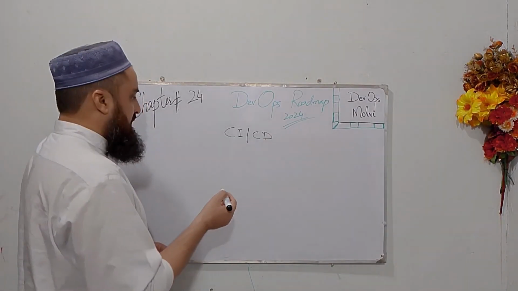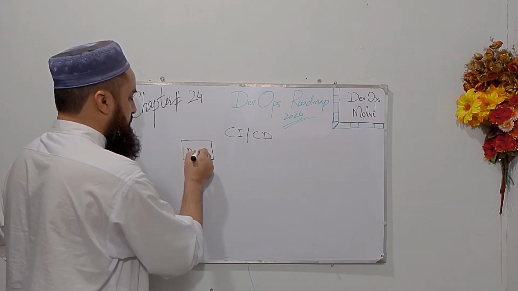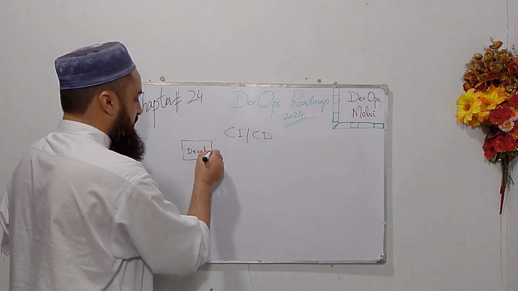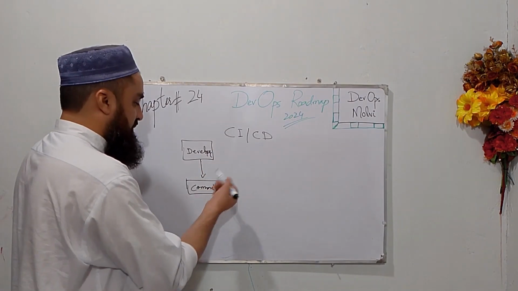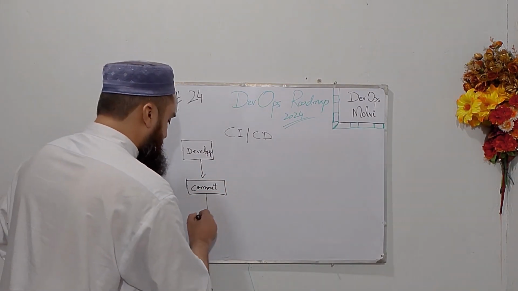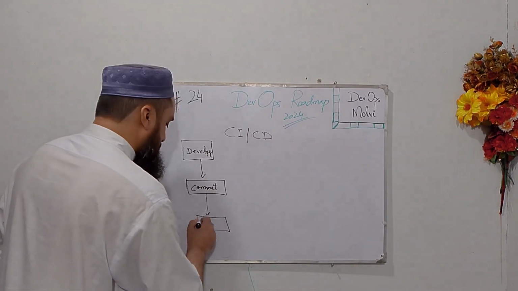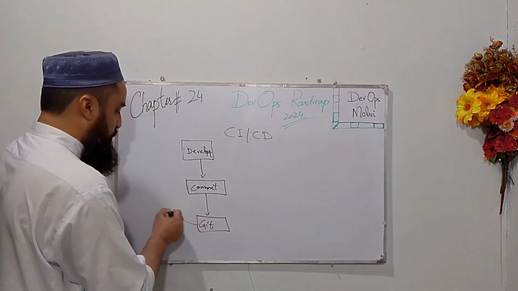So now if I complete the CI/CD process, here is my developer. He or she is writing the code. The code is committed 5 or 10 times a day, and that code is in our version control software like Git, which is our code base.